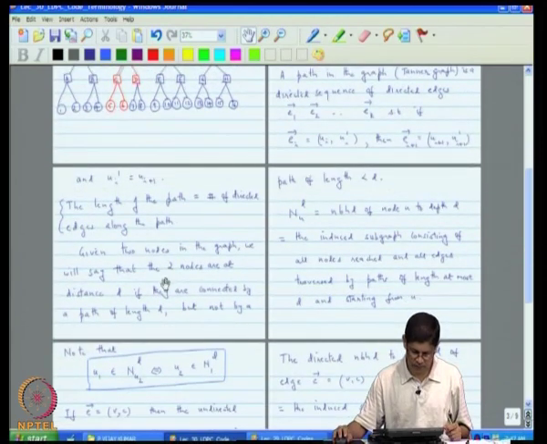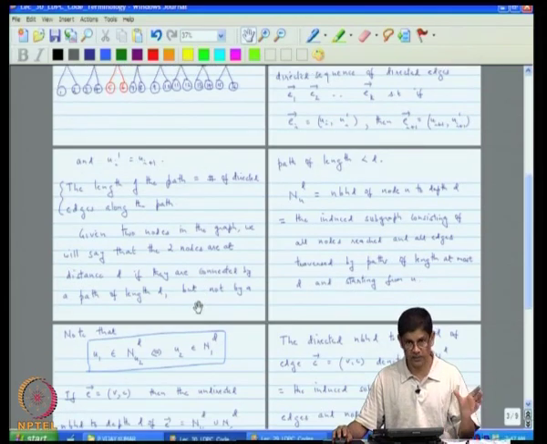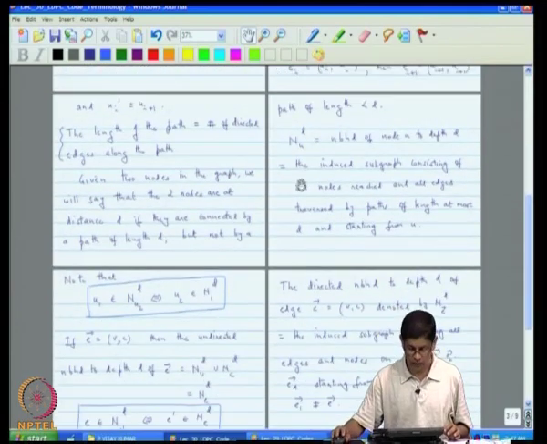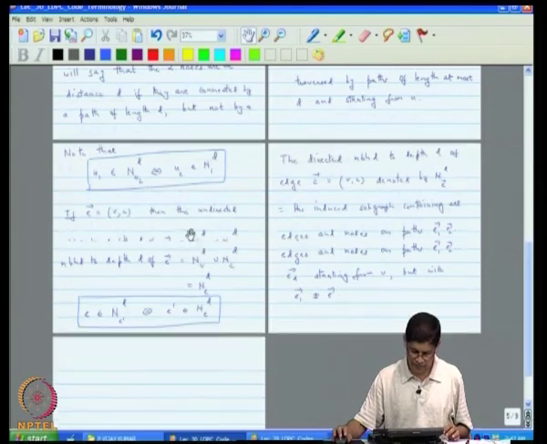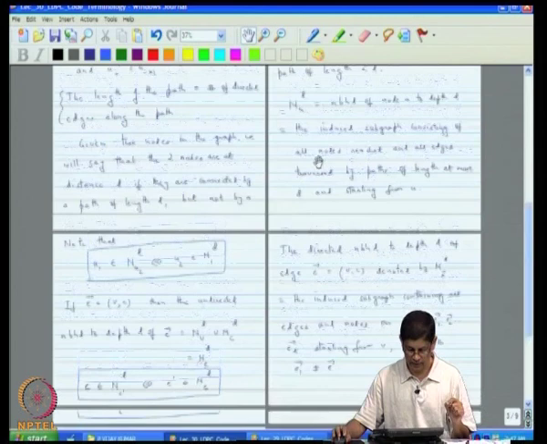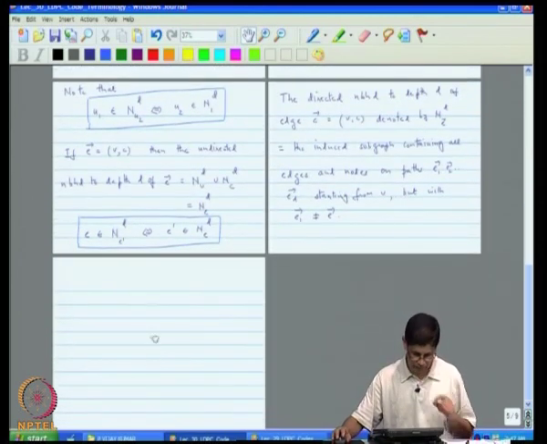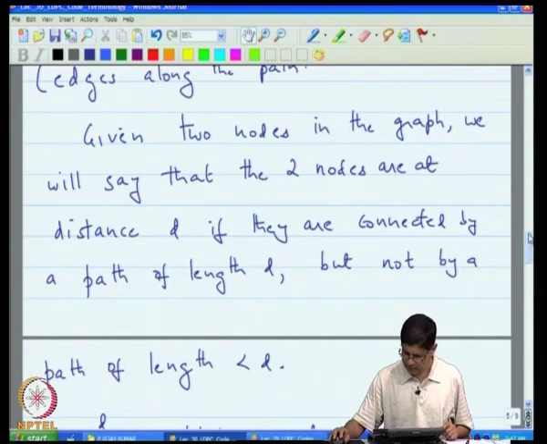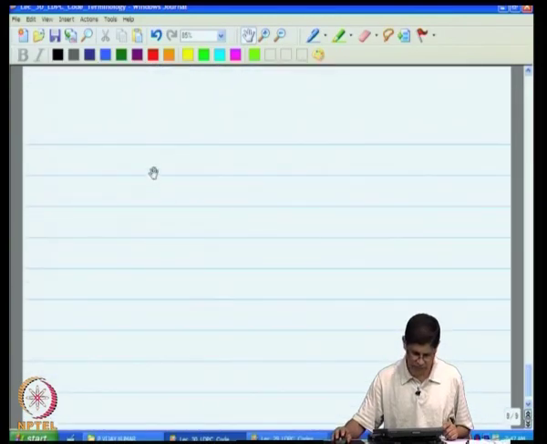Then we talked about the length of a path, and the distance between two nodes in the Tanner graph, and then what we meant by neighborhood of a graph, neighborhood of a node, neighborhood of an edge, the directed neighborhood as well as the undirected neighborhood. As I said, the reason for going into such detail in the terminology is because when we talk about decoding, we will be in need of it.